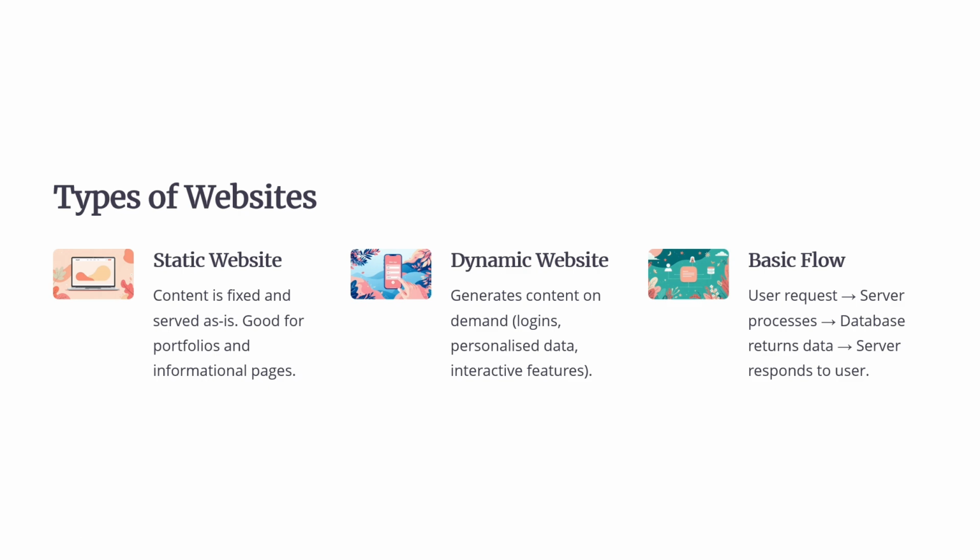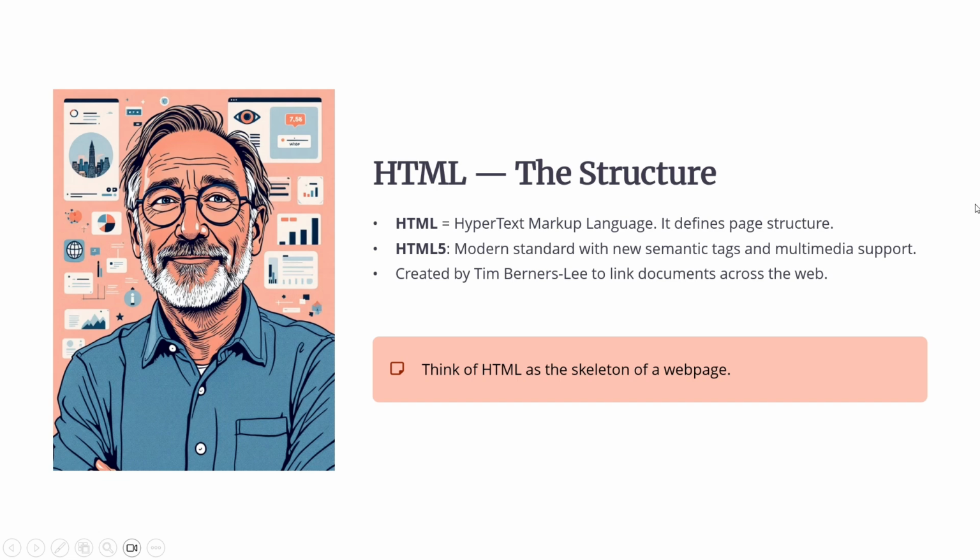So next, we have a small section about HTML. What is HTML? HTML stands for Hypertext Markup Language. It is used to create the basic structure of a web page, and it was created by Tim Berners-Lee. The current version we use is HTML5.